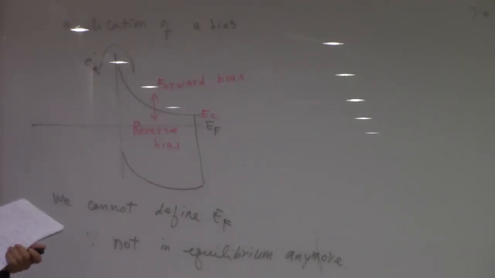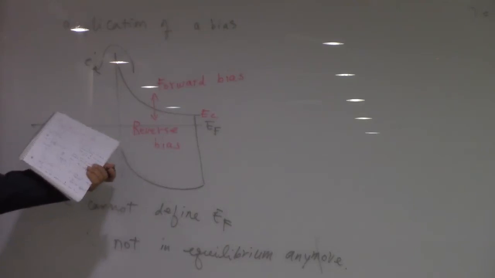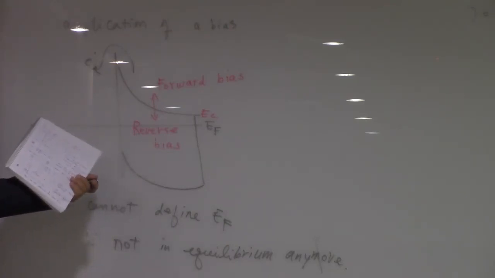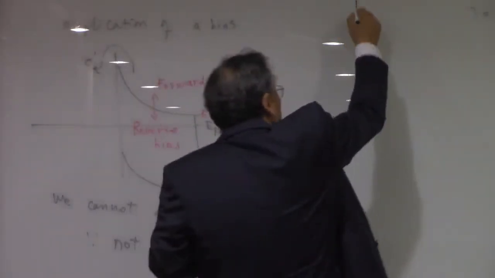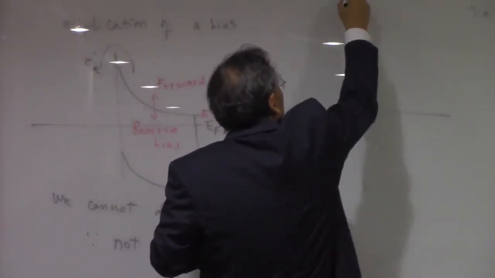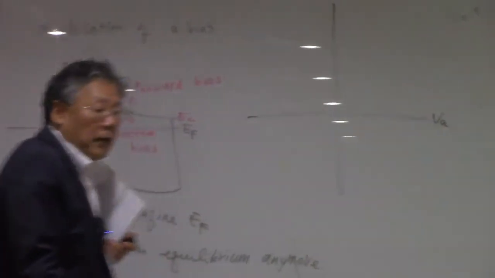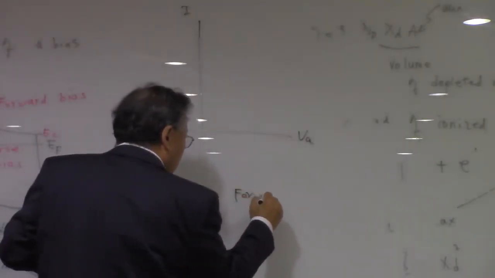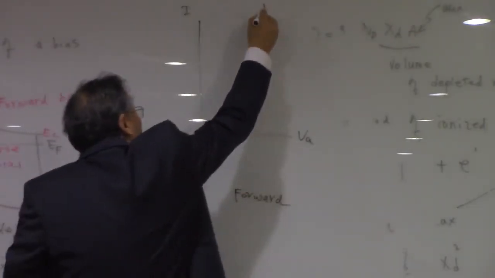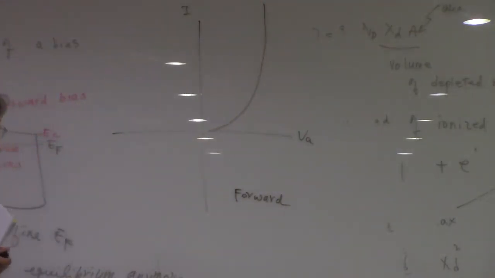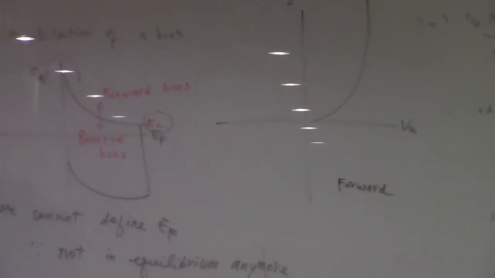Then if you apply that to the Schottky junction, the application of voltage works like this: if you measure the applied voltage and the current of this junction, with a forward bias you have an exponential increase in the current, because the height, the band bending of the conduction band, is exponentially proportional to the number of electrons from Boltzmann statistics.